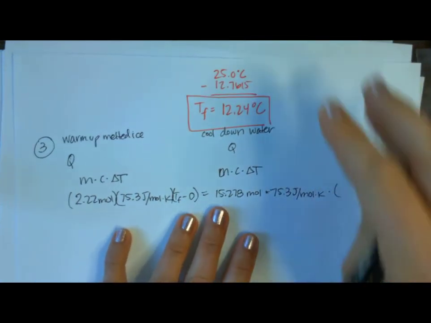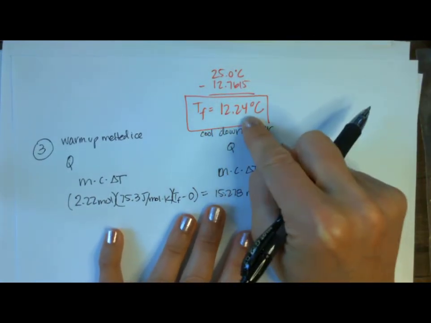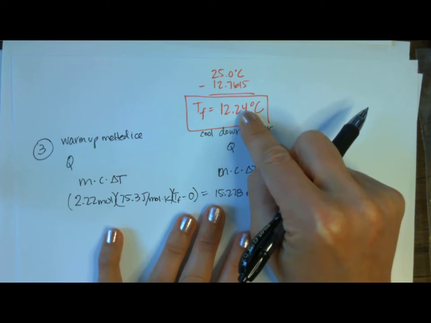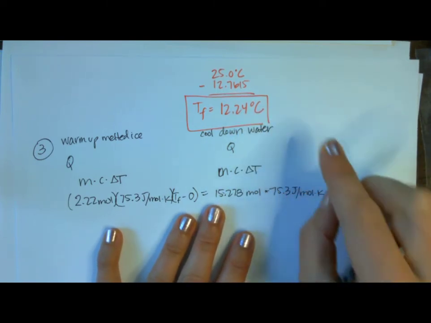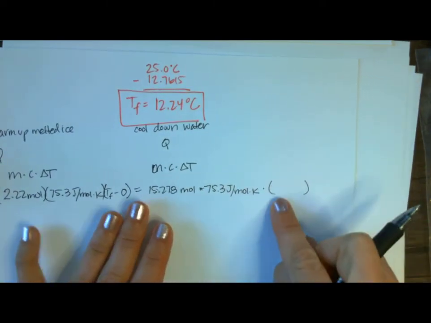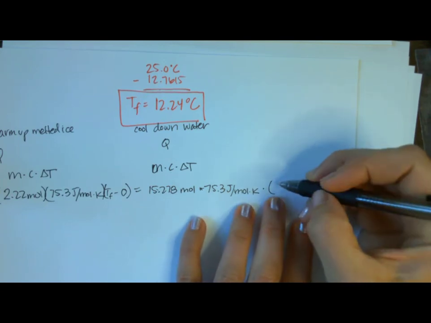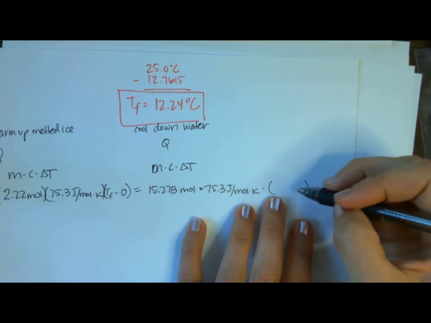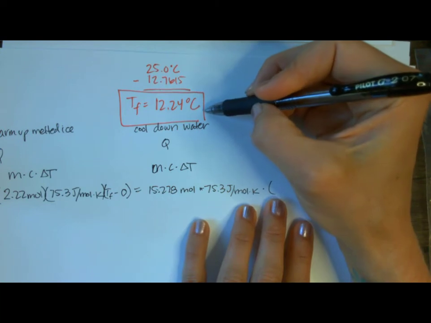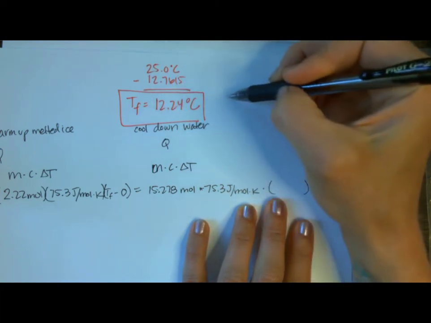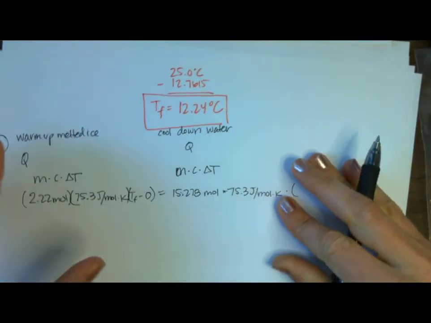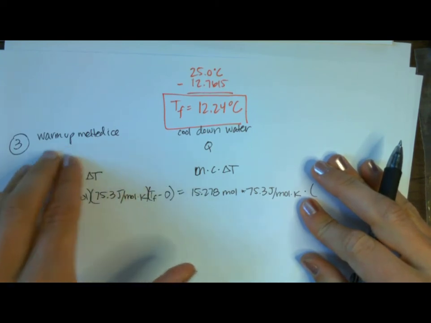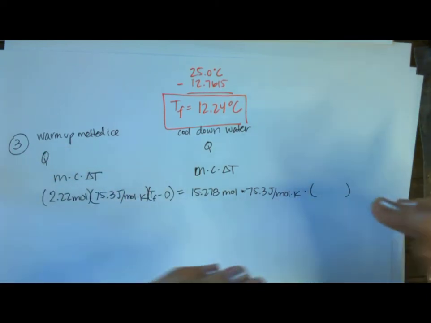For this guy, we're cooling down. We're at 12.24 degrees, but it's going to warm up, correct? So for this system, it's going to warm up to, I'm sorry, I said warm up. I meant cool down. 12.24, it's going to get even colder because it's got that 0 degree melted ice that's going to warm it up.